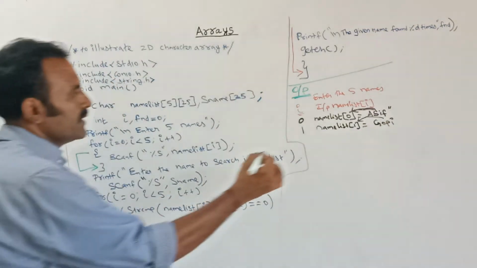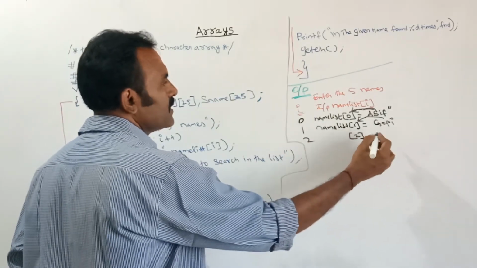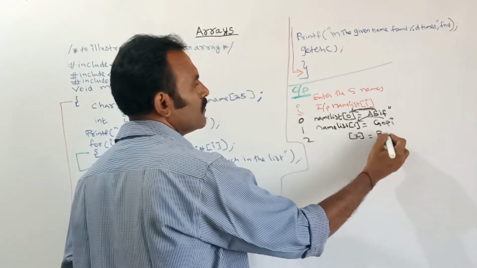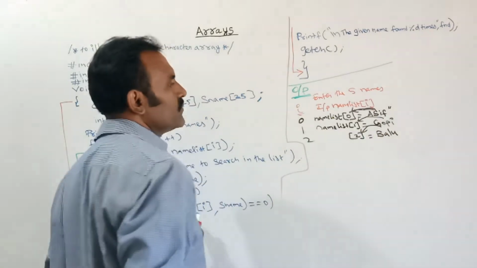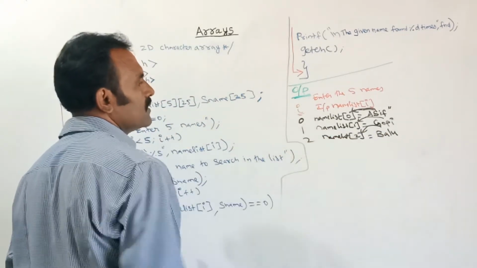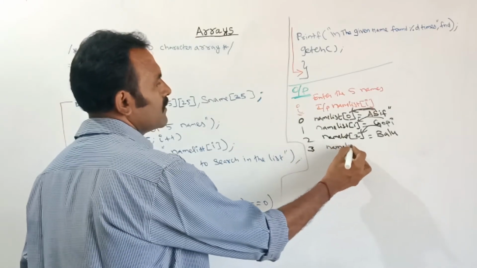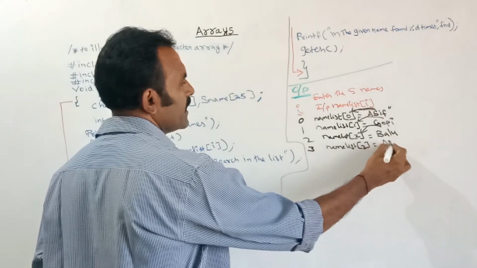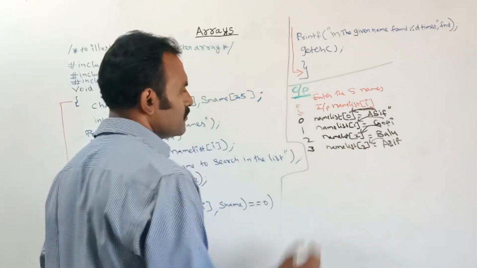In a similar way, I will next increment it to 2 for the second position. Suppose you are giving the value Balu; this name Balu is stored to the name list of second position. After that, the third position: if you are giving Asif, this name Asif is stored to the third position.